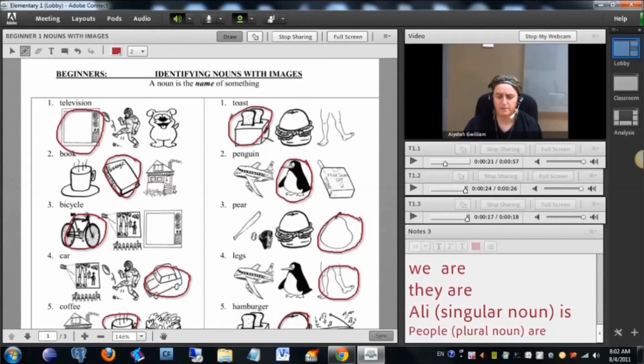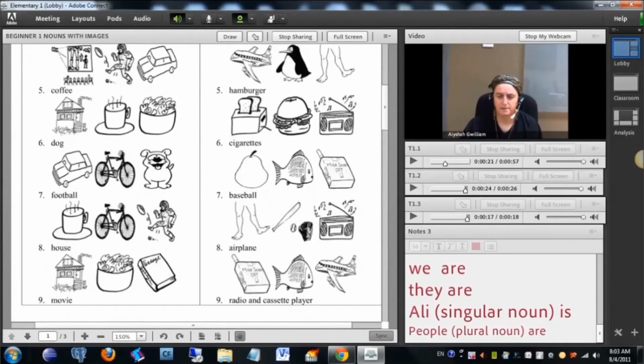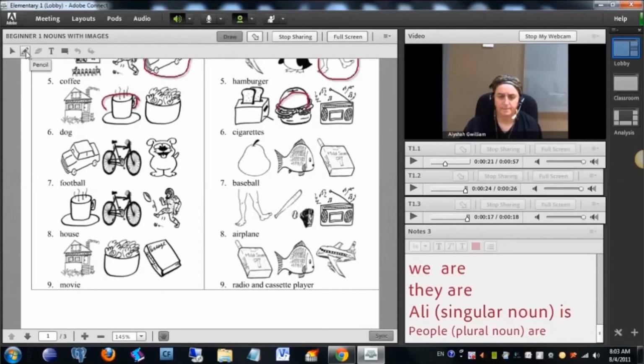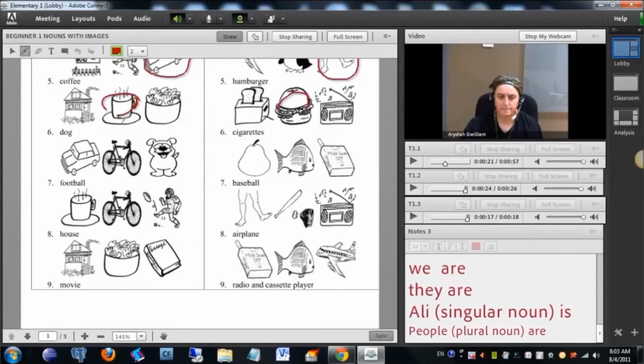Okay, let me move this up a little bit. Okay, there's a hamburger, and this was a coffee. Dog. This is a dog. Football. This is football. House.